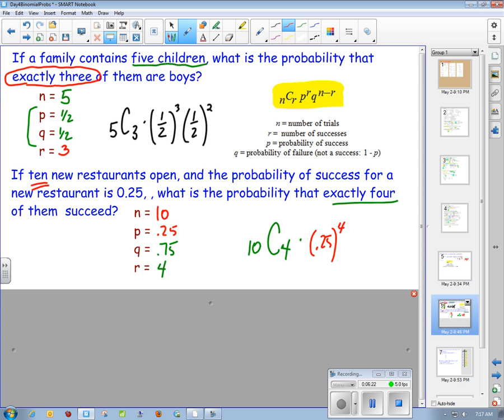You're raising that to the 4th power. And then we're going to multiply by Q, which is 0.75. And we're raising that to the, just look here, 10 minus 4, which is N minus R. We're raising that to the 6th power. You'll run that number through your calculator, and that will give you your probability answer. And I'll leave you to do the number button pushing on your own.